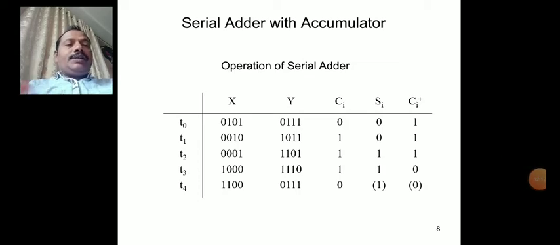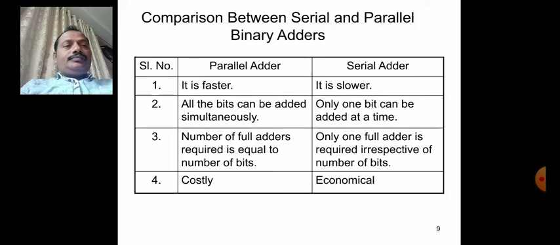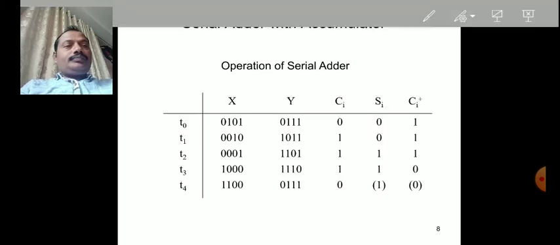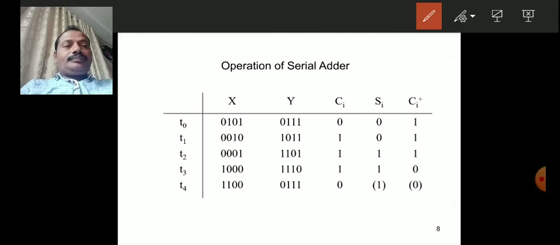Now let us see how it works once again. At T1, the bits available to the full adder are 0, 1, 1, that is 0 plus 1 plus 1.